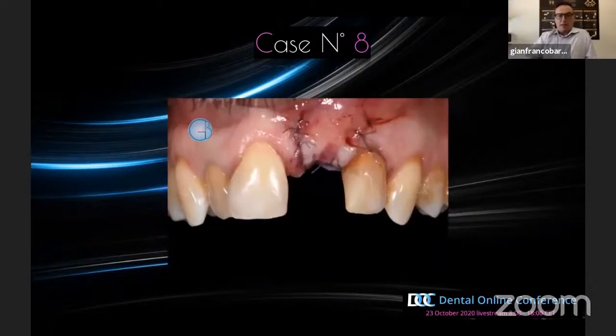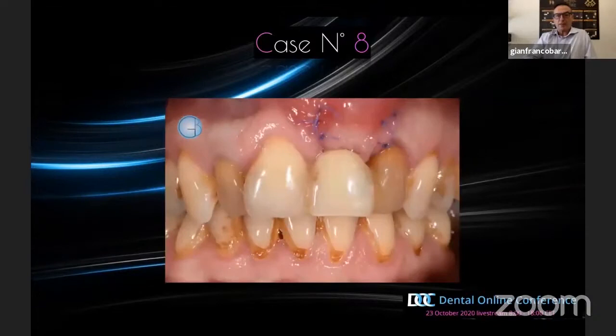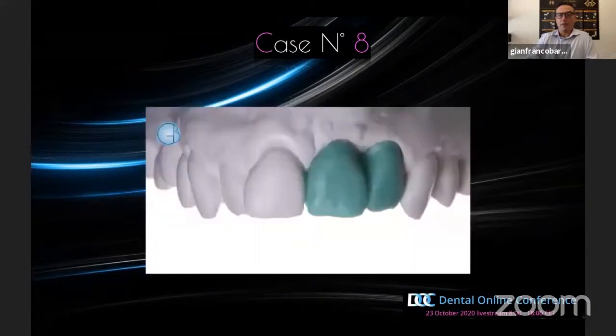Another good case for choosing this kind of abutment is this. This was the initial situation, and in this case we have a bone problem, because he has lost a lot of bone and gum.